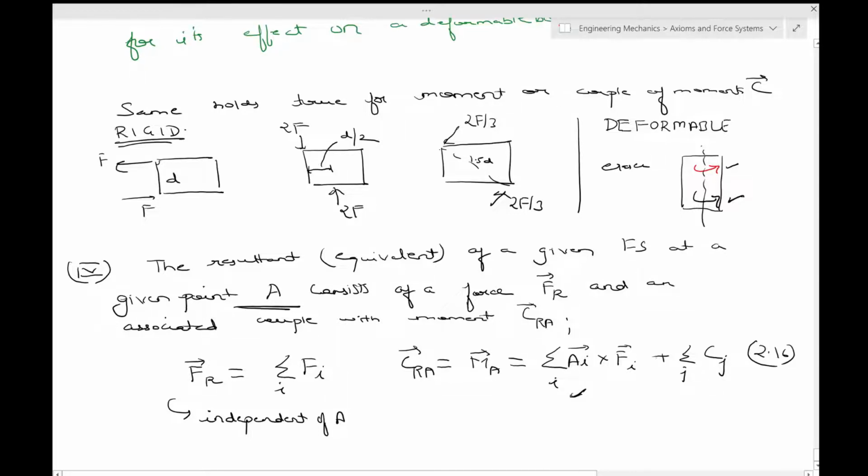Any discrete point. Of course, these summations can be replaced by integrals where you have a continuous distribution of forces and couples, so you should be able to do that yourself. So let me put that in writing.